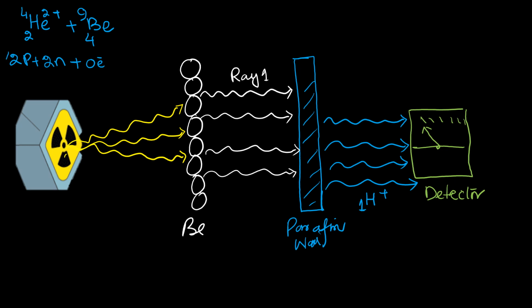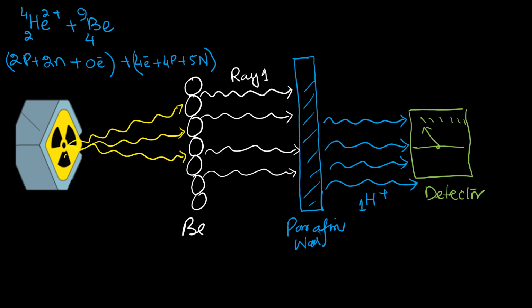So this is for helium. Whereas in case of beryllium, beryllium has 4 electrons, 4 protons, and 5 neutrons. Okay, so this is for beryllium.